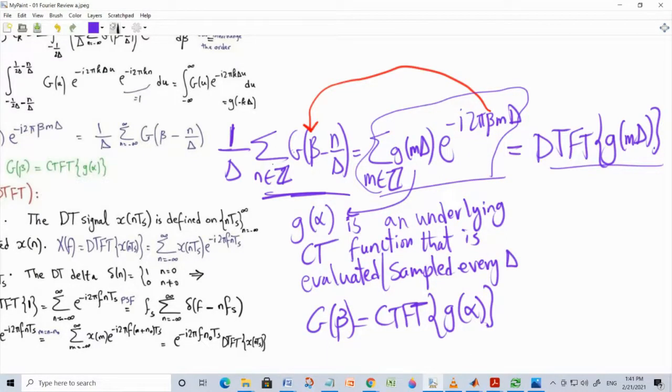So one advantage of the Poisson summation formula is that sometimes one of these two sums is very manageable. In fact, you can write it in closed form, while the other is intractable. And so you can use the Poisson summation formula to evaluate infinite sums. You can use it to obtain discrete time Fourier transforms, and so forth.